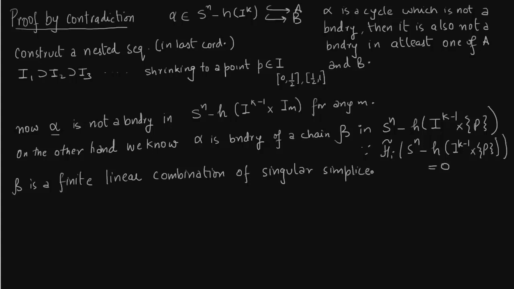And all of them lie, so all of these simplices lie in Sn minus Hik minus 1 times Im.